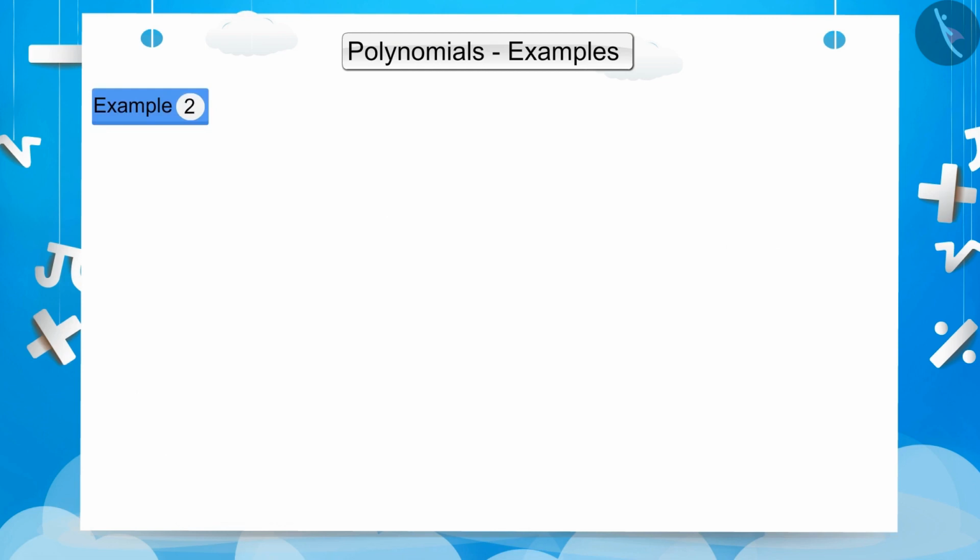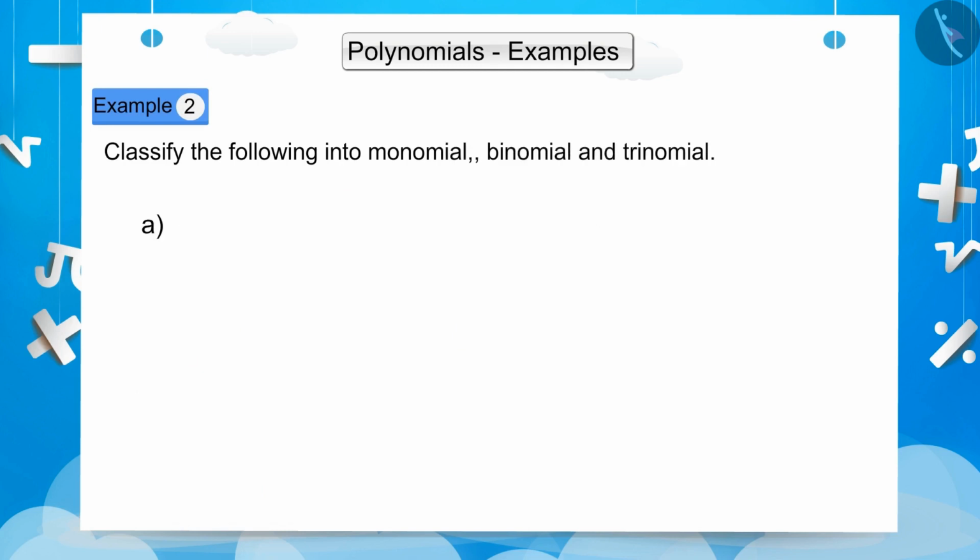Example 2. Classify the following into monomial, binomial and trinomial. 5p square qr plus 3pq minus 7pqr square. 2mn cube minus 5a square b. 11tu square v.